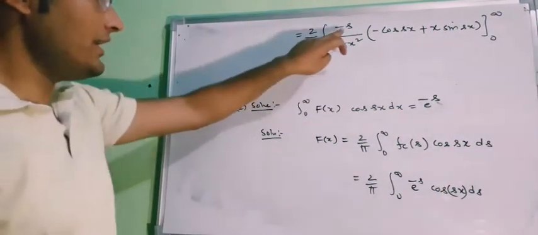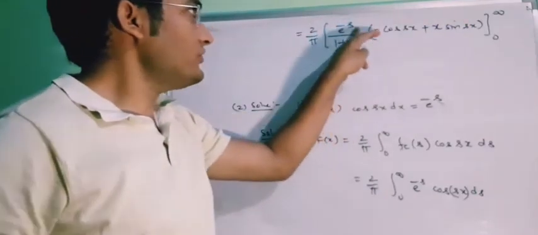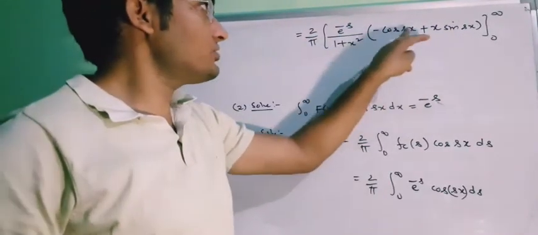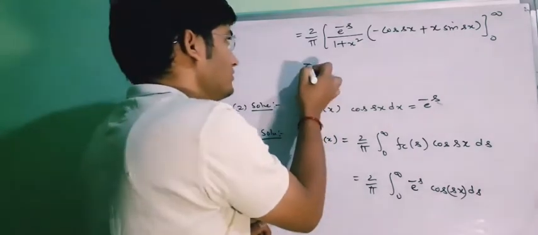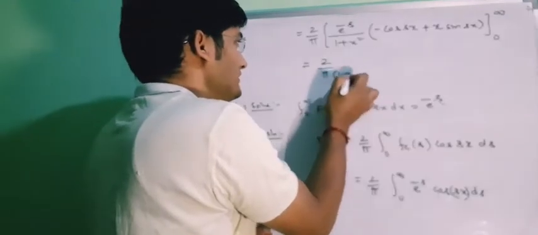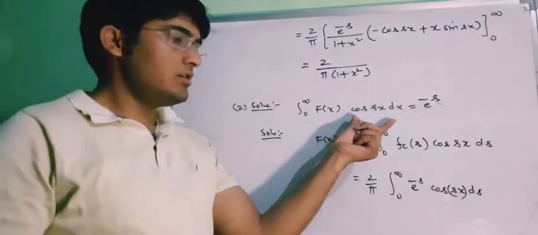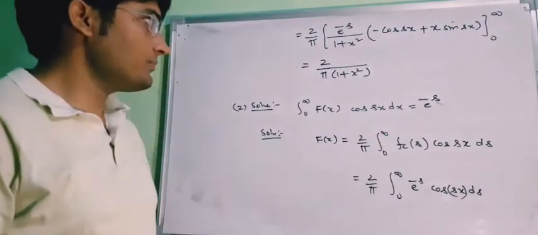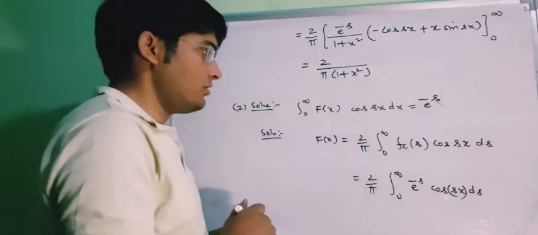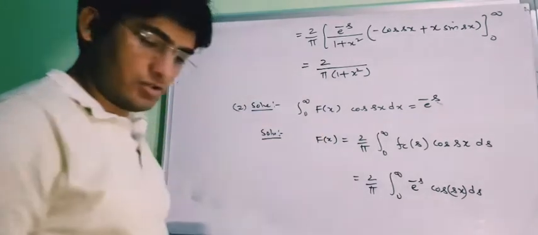Now if s is infinity, then we have e to the power minus infinity, so it is 0. If s is 0, then this will be 1, so we get 2 upon pi times 1 plus x square. So this is the solution of this particular integral equation.